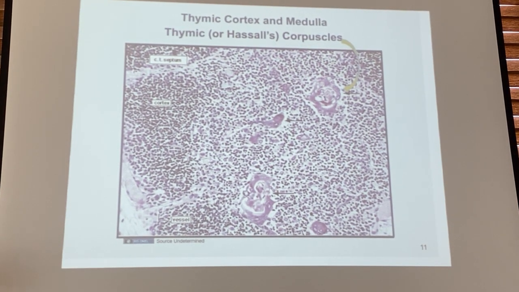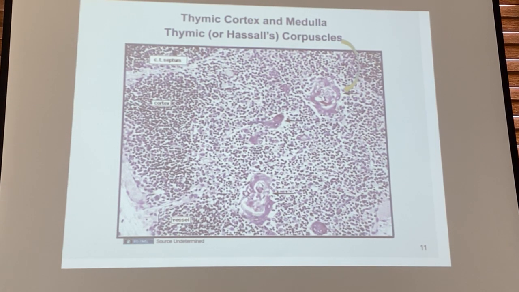keratin tubes of Hassall's corpuscles are seen within the medulla of the thymus. They are formed by many layers of ERCs, meaning epithelial cells, in which the keratin filaments are found. Why keratin?